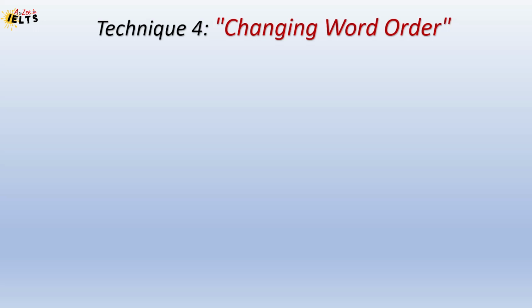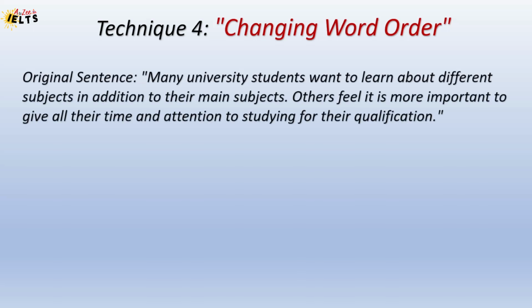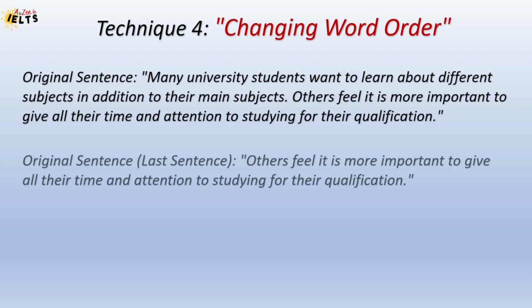Let's take the example. Many university students want to learn about different subjects in addition to their main subjects. Others feel it is more important to give all their time and attention to studying for their qualification. The last sentence of our original text, "Others feel it is more important to give all their time and attention to studying for their qualification," is about some university students who prioritize studying for their qualification.